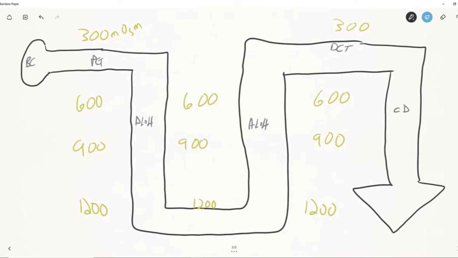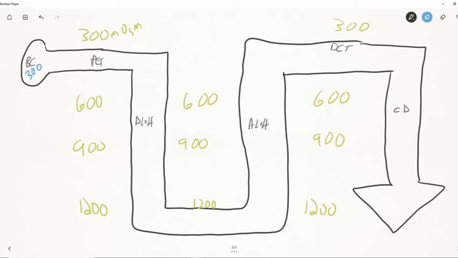So let's look to see when we first filter the blood, the osmolarity of the filtrate inside Bowman's capsule is also 300 milliosmoles, because it is practically the exact same thing as plasma. It has some differences, but it's practically the exact same thing as plasma.